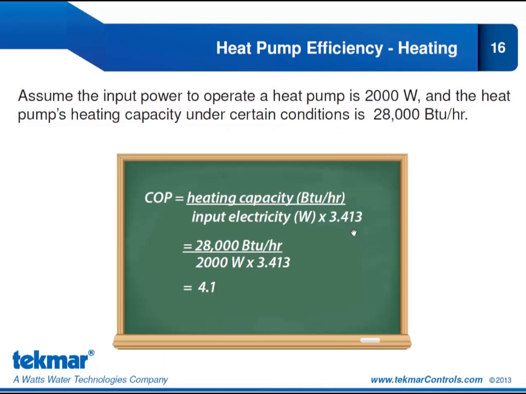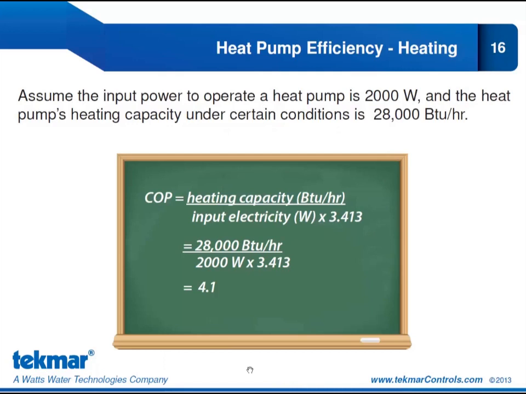So let's take an example where we have a heat pump that requires 2,000 watts to operate, and the capacity under a certain set of conditions is 28,000 BTU per hour. So in this case, it's 28,000 divided by 2,000 multiplied by 3.413, giving us a COP of 4.1.